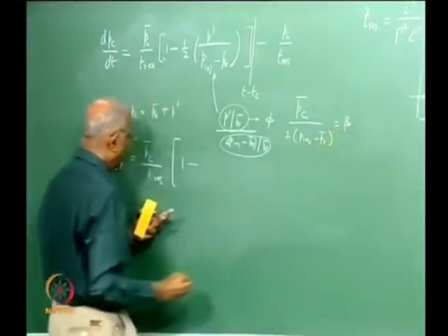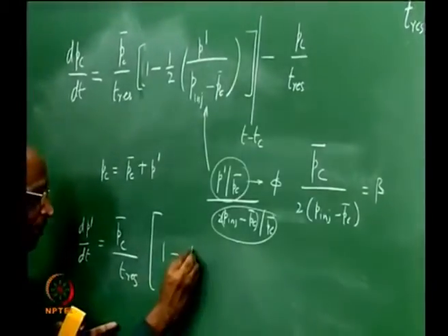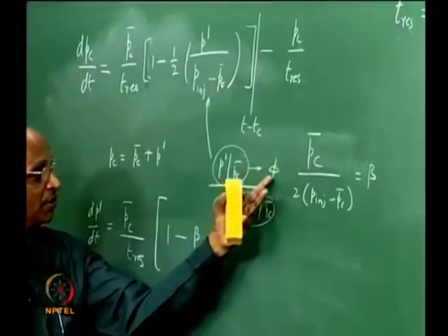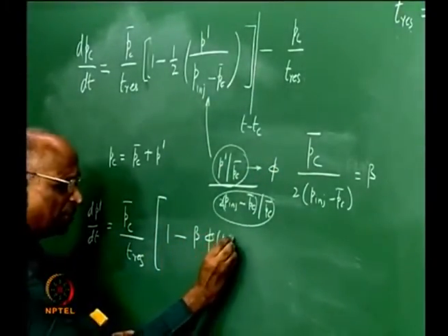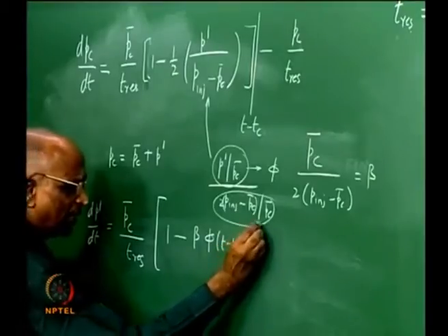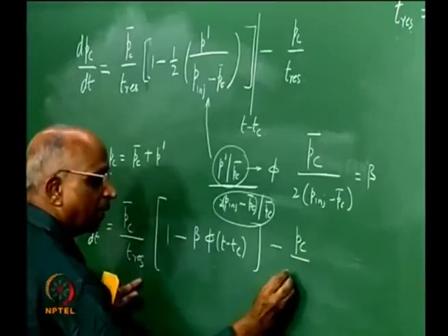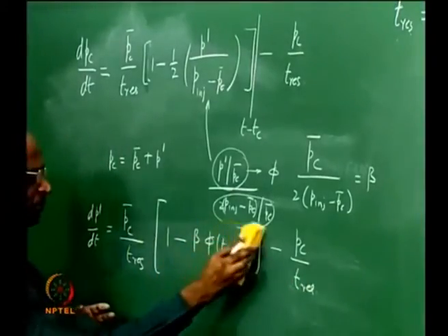value beta. I can write this equation as 1 minus the value of beta, which is just the value all steady values, phi denotes the perturbation, and there is I say it is phi of T minus Tc is what I get here, minus the value of Pc divided by T residence, and this is my final form of this equation.